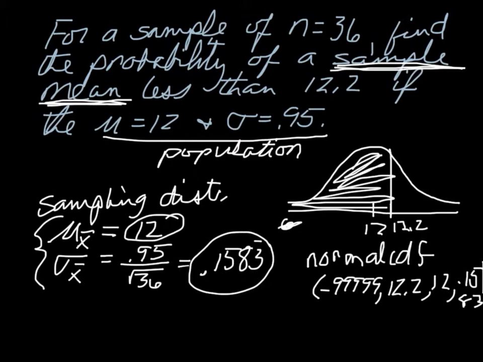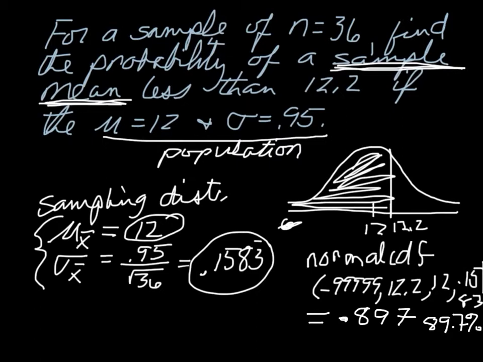And so after I plug those into my normal CDF, that's going to be equal to 0.897, or about 89.7% of this data will have a sample mean, where you take samples of size 36, that will be less than 12.2.